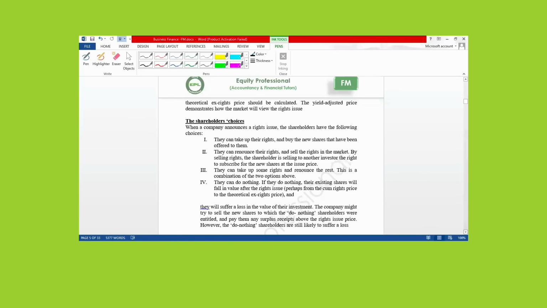These are the 4 options available to shareholders in a rights issue. Please note, each of these options involves calculation.